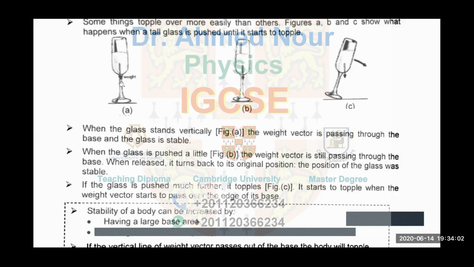So when the weight vector passes through the base, this means the glass stands vertically. That doesn't topple over. So in the first case, the tall glass is standing vertically and the glass is stable.